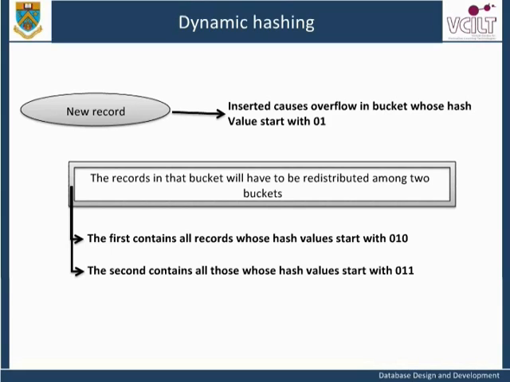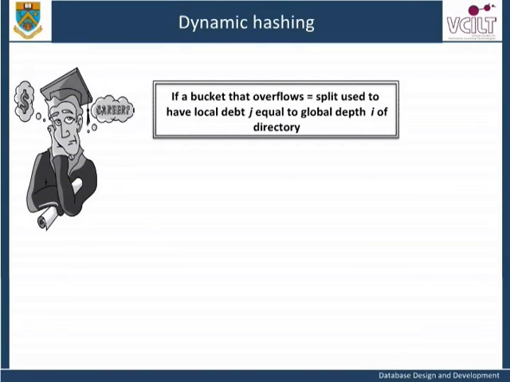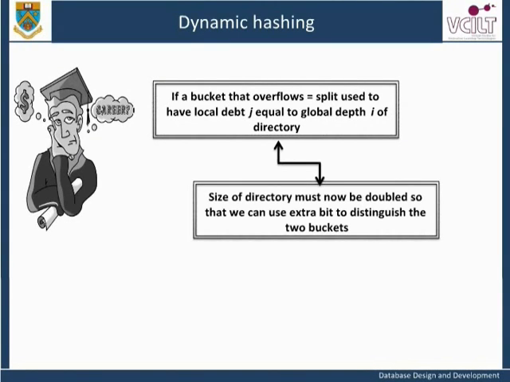The local depth of the two new buckets is 3, which is 1 more than the local depth of the old bucket. If a bucket that overflows and is split used to have a local depth j equal to the global depth i of the directory, then the size of the directory must now be doubled so that we can use an extra bit to distinguish the two new buckets.